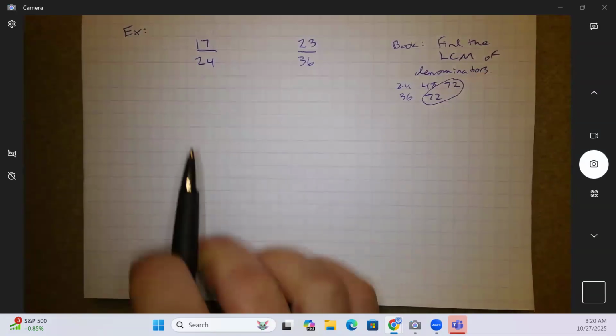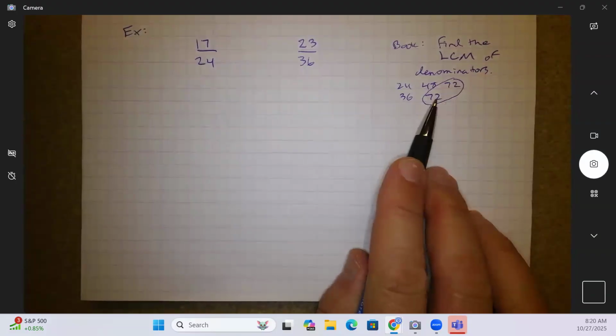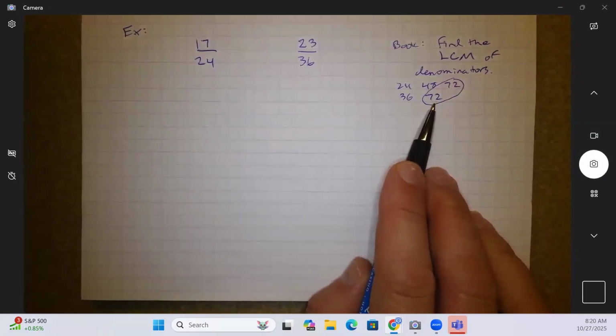And so your book would say, rewrite these fractions to have a denominator of 72. And that absolutely works. But there's a more straightforward way, because the numbers end up being bigger. Well, let's go ahead and do it this way first.